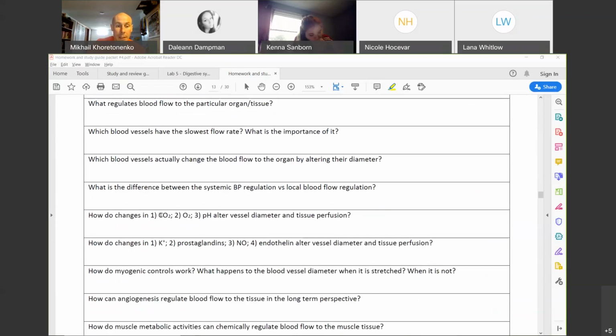So elevated CO2, decreased oxygen, decreased pH, they dilate arterioles and increase tissue perfusion. So when tissue is metabolically active, it produces a lot of CO2, which means elevated CO2 levels, consumes oxygen, which means low oxygen levels, and CO2 production and lactic acid accumulation.